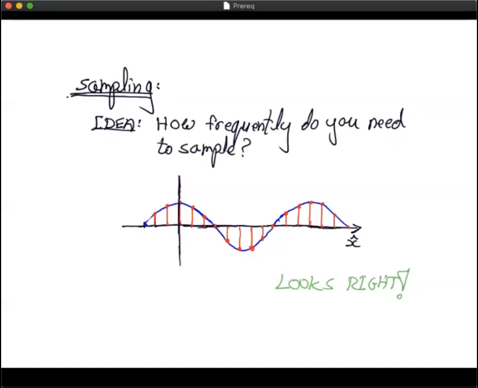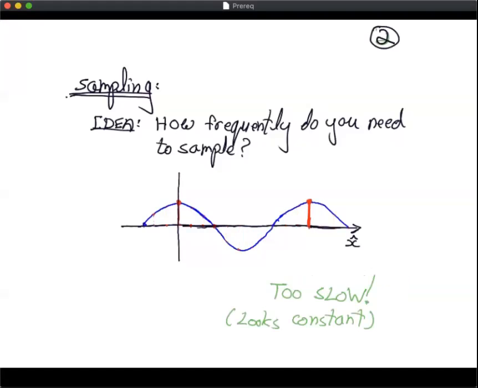And I would argue you ballpark it, and then you go, oh yeah, it looks right, that looks like plenty of samples, because even if I removed this sinusoid, I can kind of see how it is doing. Again, I'm waving my hands. What about that? Is that enough samples in order to represent the sinusoid?